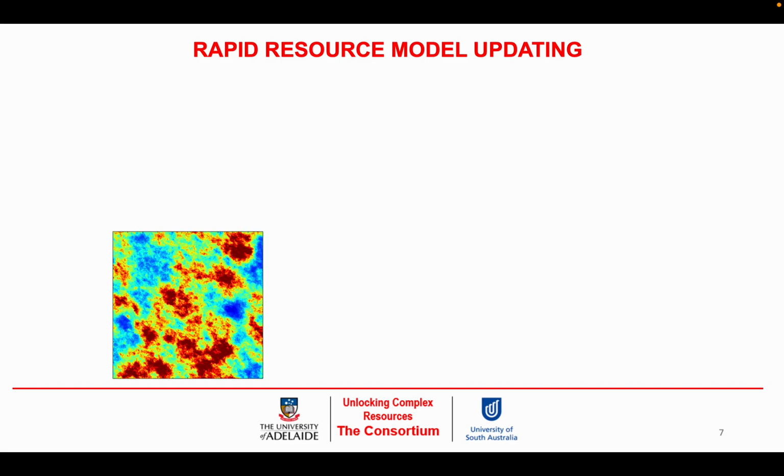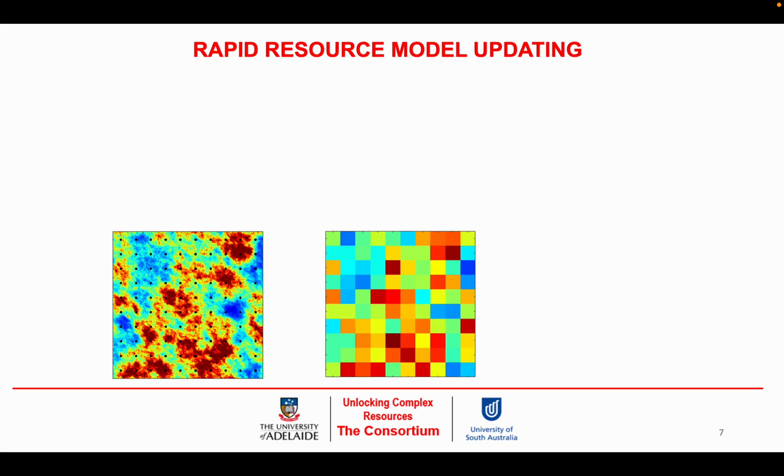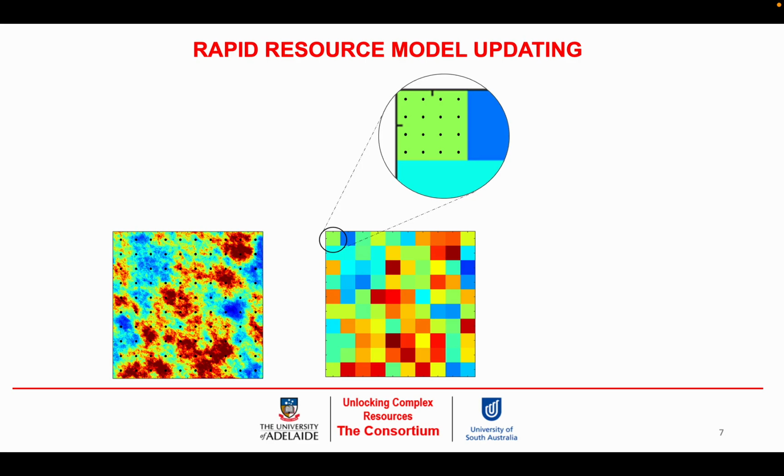Assuming this is the ground truth, drill holes are simulated and samples are assayed to generate the block model. As mining operation progresses, blast holes are drilled and it is possible for us to get more information from these blast holes.